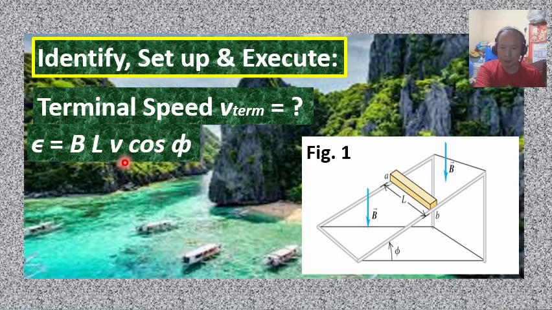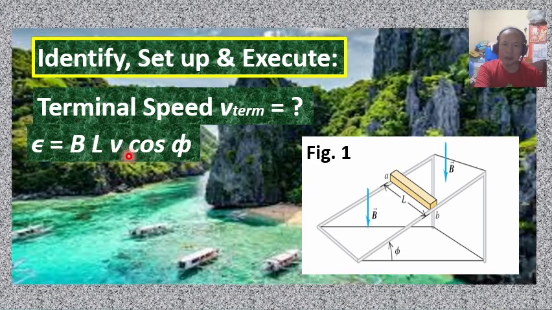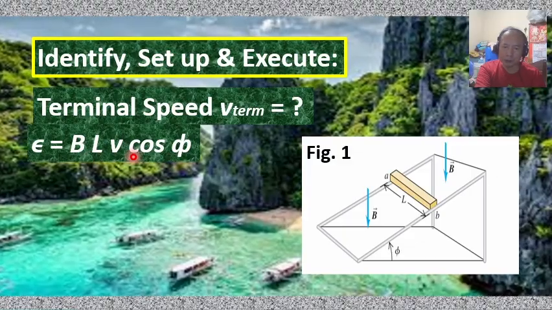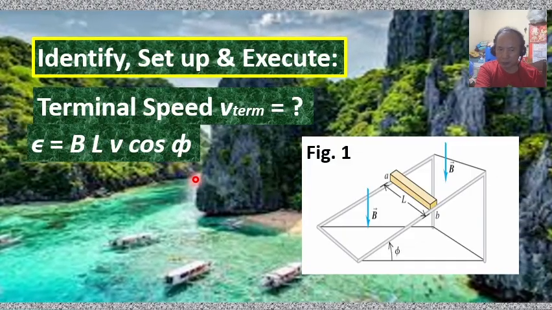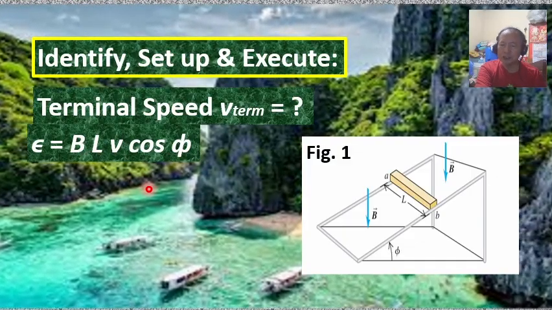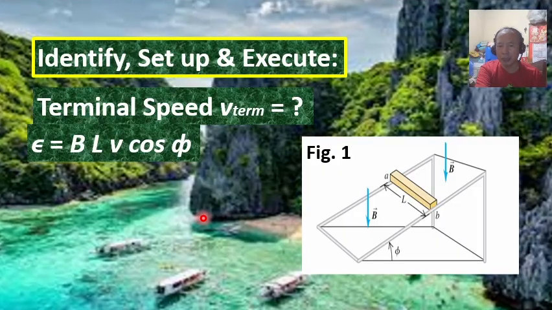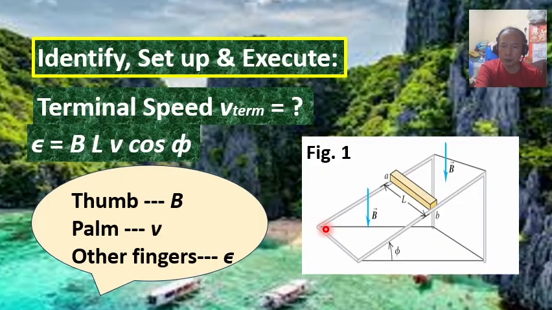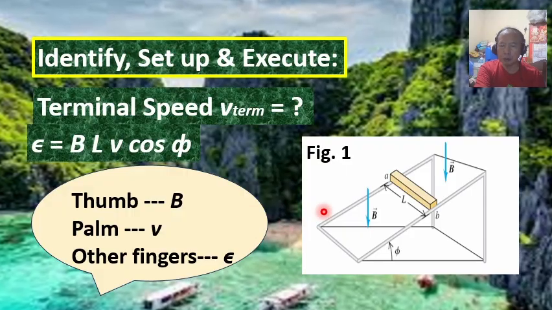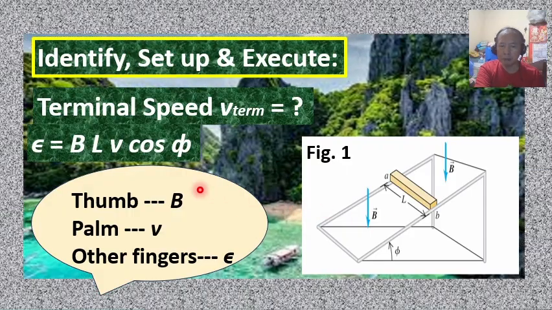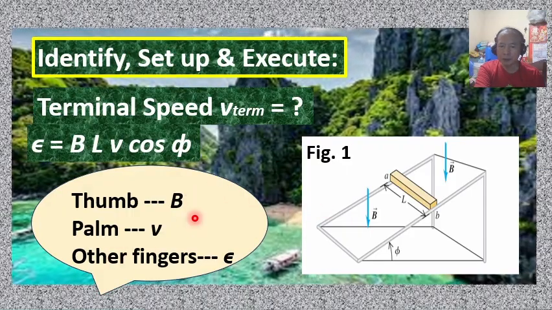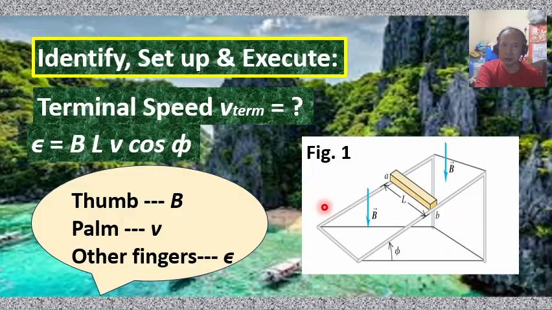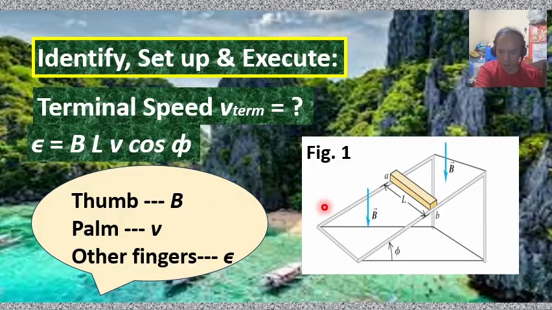Now, the direction of this induced EMF, or sometimes they also call this the induced voltage, can be determined using your right hand rule. In using the right hand rule, make sure that your thumb and your forefinger make an angle of 90 degrees. In short, they must be perpendicular.